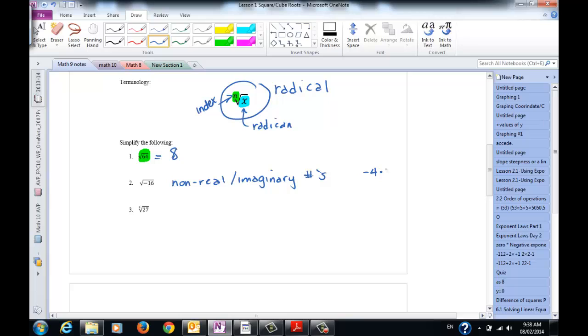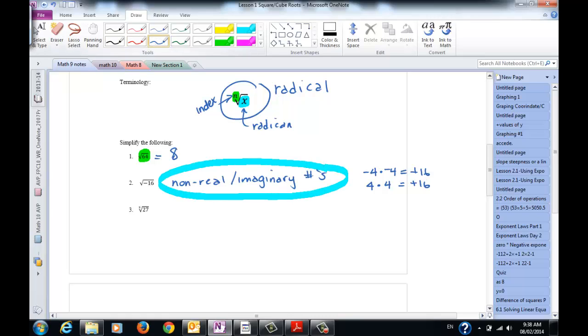But remember, it's negative 4 multiplied by negative 4. A negative multiplied by a negative is a positive 16. Some of you might have said 4. Well, positive 4 multiplied by positive 4 is again positive 16. The square root is a number multiplied by itself, that exact self, and therefore the sign has to go with it. So our answer would just be non-real or imaginary.